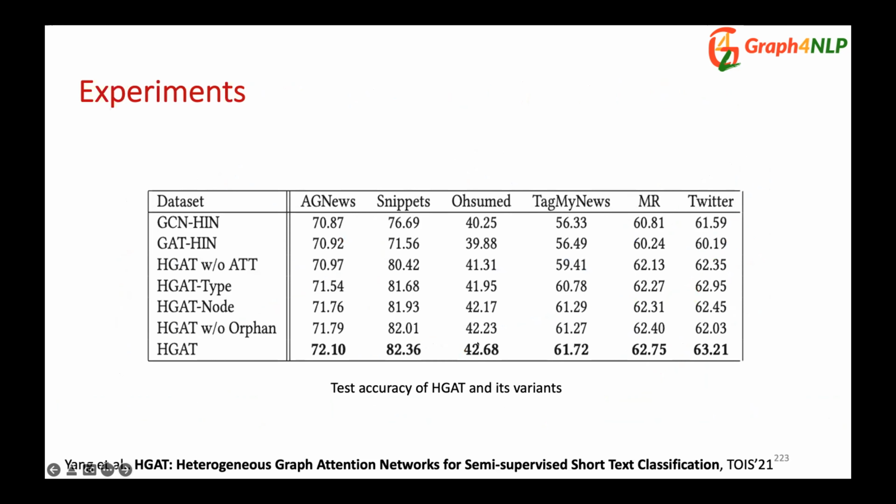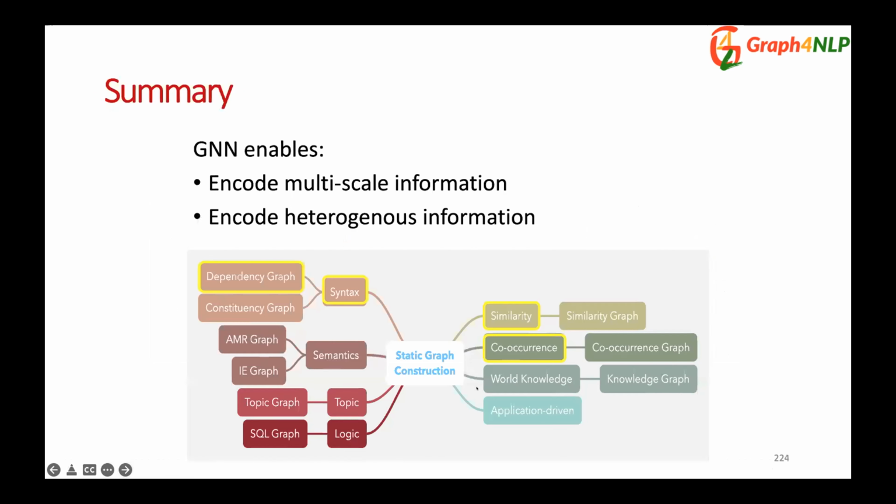In the experiments, they show that HGAT performs better than a lot of baseline methods. They also test variants. The variants show that both the graph structure design and the dual-level attention mechanism are important for the performance of HGAT.